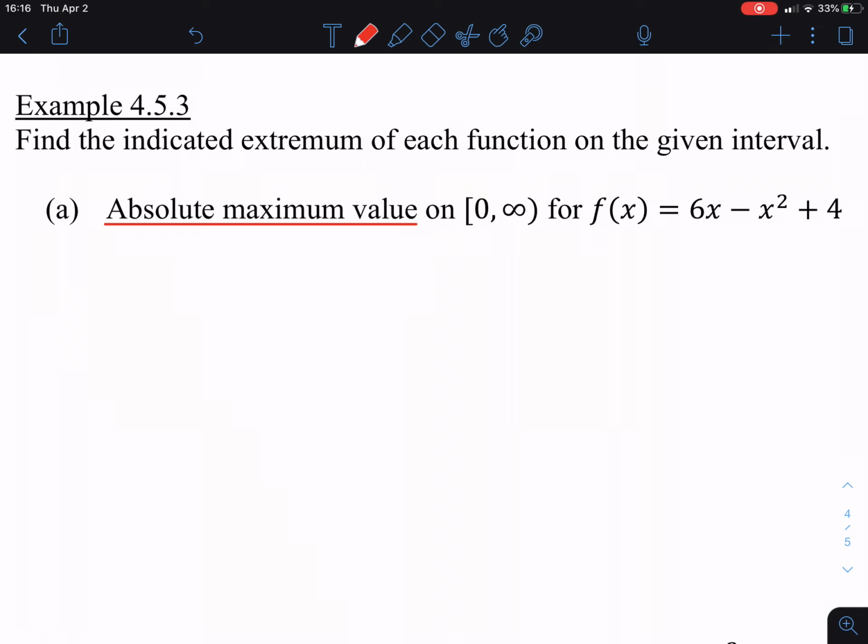So if we want to use the second derivative test, we need a single value where we have a critical value. That means the derivative is equal to 0.